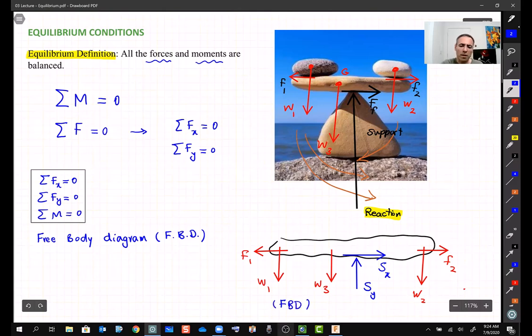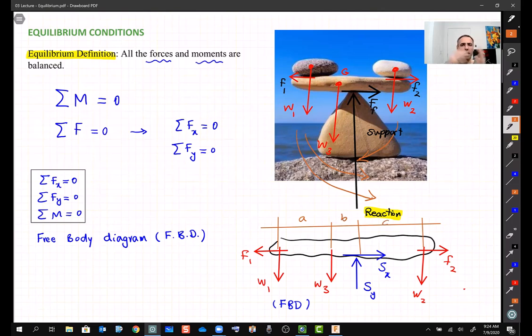Okay, so then we use this free body diagram. We assume that we have all these distances that we want to do some calculation with. Let's say I have these distances A, B, C. So I have the geometry, I have the force diagram, which we call FBD, and we use it plus these three simple formulas to find the reaction forces, like in this case, to find Sx and Sy, okay?